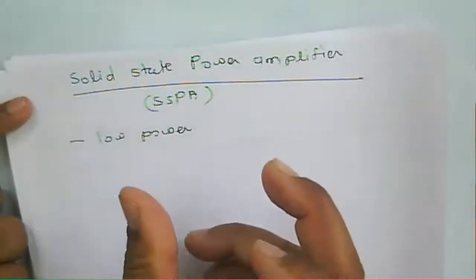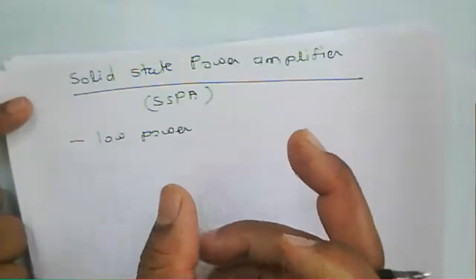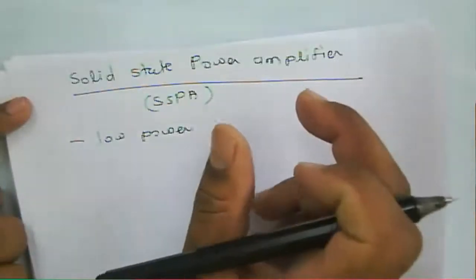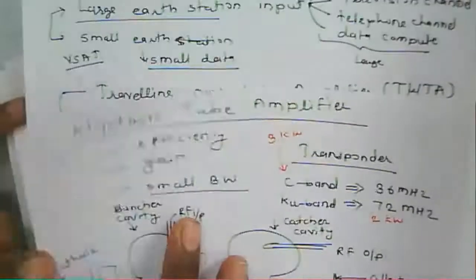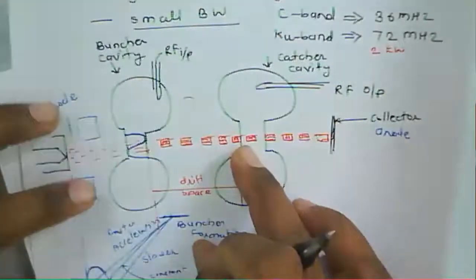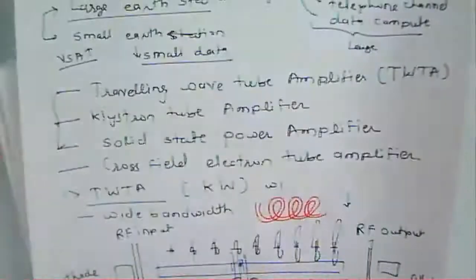But if we consider a traveling wave tube amplifier and the Klystron tube amplifier, these tubes get heated, so we require a coolant here. This TWT again gets heated.